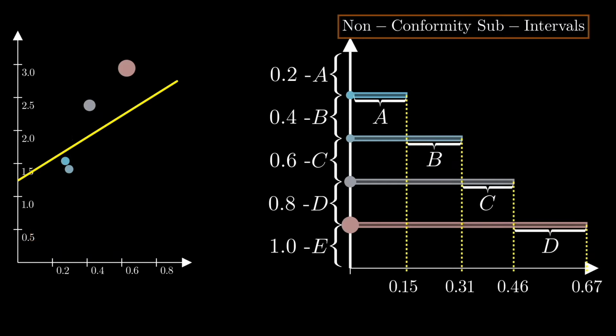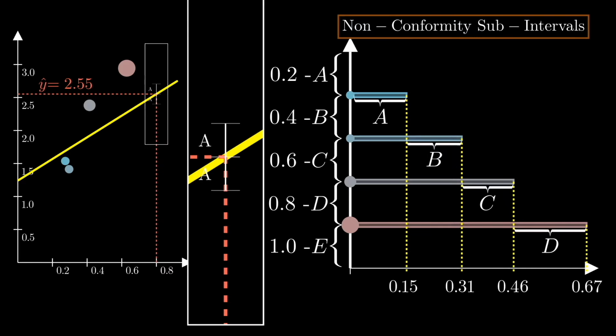Our test point has x equal to 0.8, represented by the dashed vertical line, and we have a point prediction of y hat equal to about 2.5, represented by the dashed horizontal line. The non-conformity subinterval A corresponds to y values that are less than 0.15 away from the point prediction on either side. You can better see this in the close-up around the point prediction.